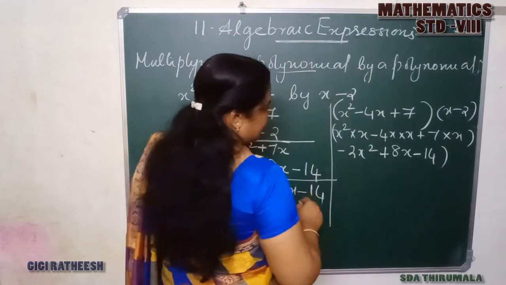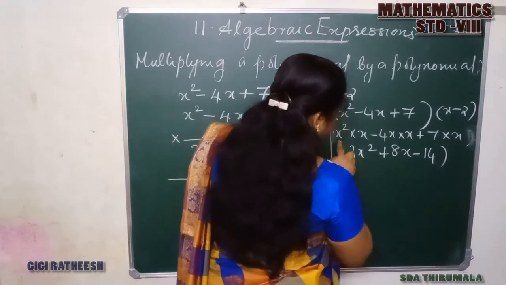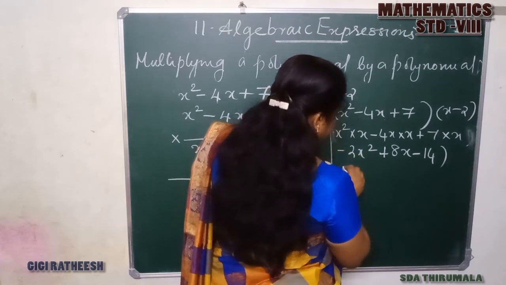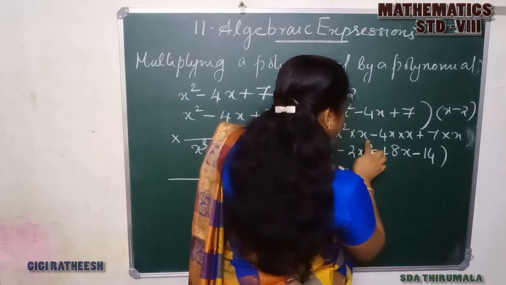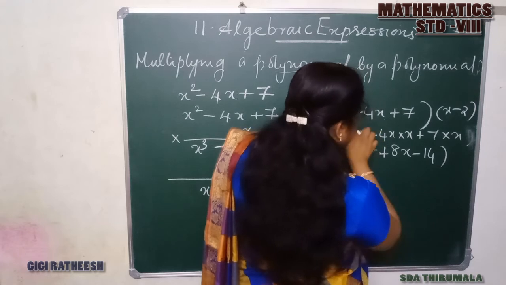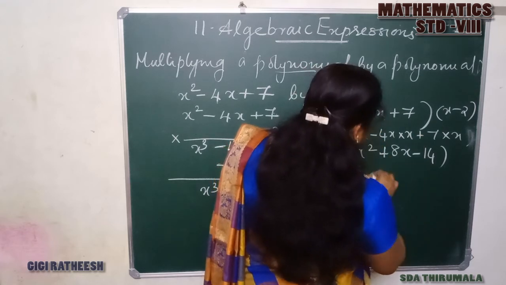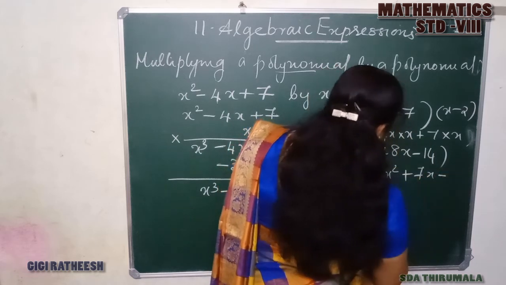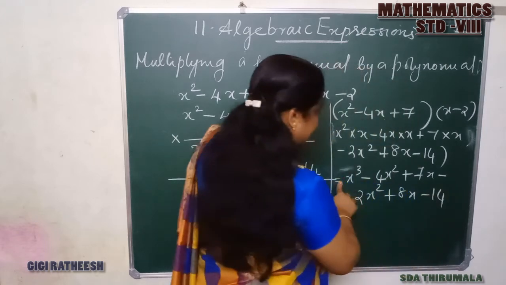That is equal to x cube minus 4x square plus 7x minus 2x square plus 8x minus 14. X square into x is x cube.